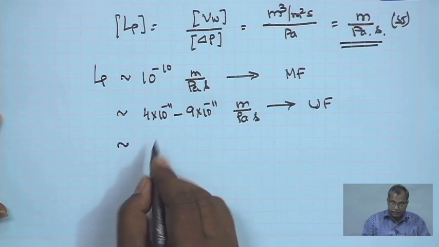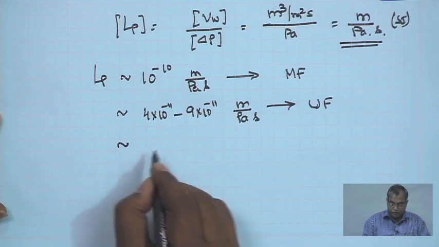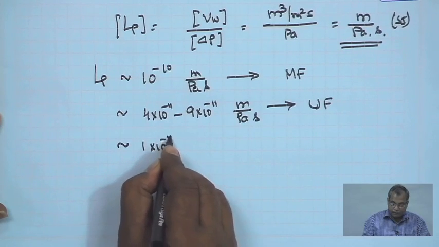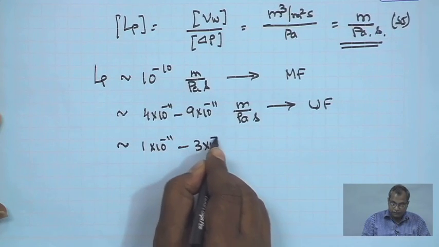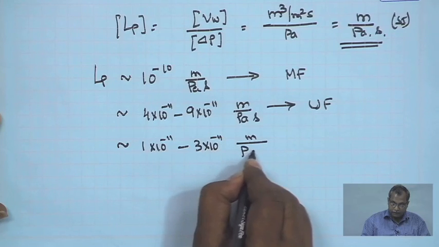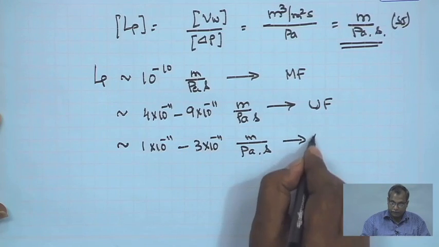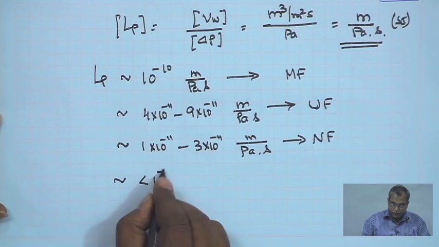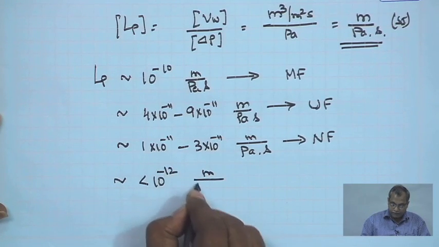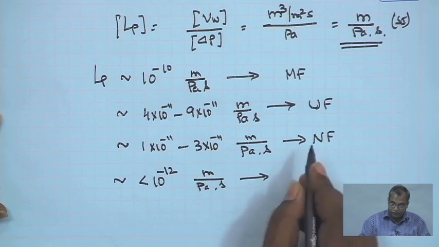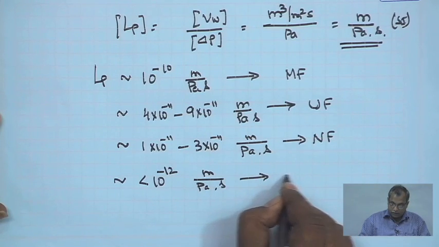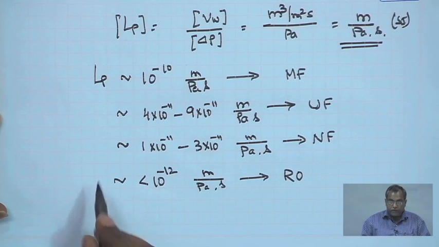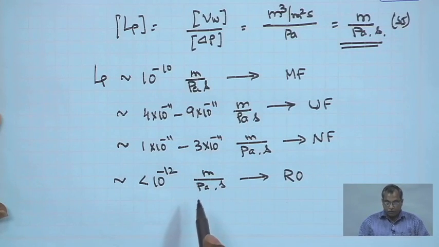Similarly, if you get a permeability in the lower range, 1 into 10 to the power minus 11 to 3 into 10 to the power minus 11 meter per Pascal second, then you have landed into a nanofiltration membrane. If you get a permeability less than 10 to the power minus 12 meter per Pascal second, then you have landed into a reverse osmosis membrane. So, by looking at the value of the permeability, one can identify which membrane you have generated or cast.